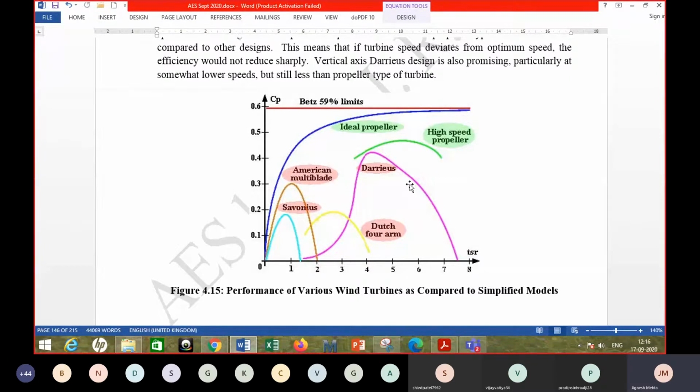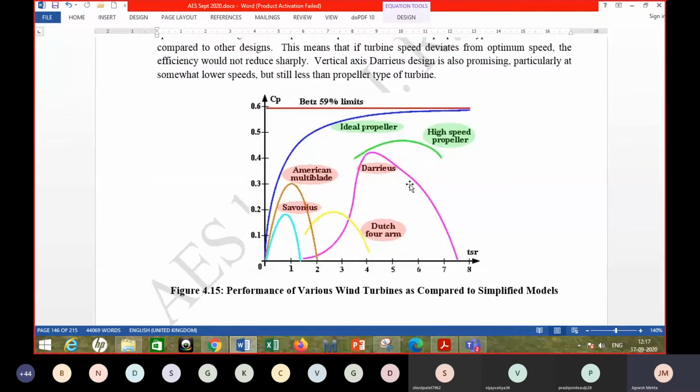So these designs of the turbines are not very efficient designs. We are talking about the basic design, right? If there are some deviations from that, this is not talking about that. So the basic design of Savonius and the Dutch 4-arm gives you a very low efficiency.